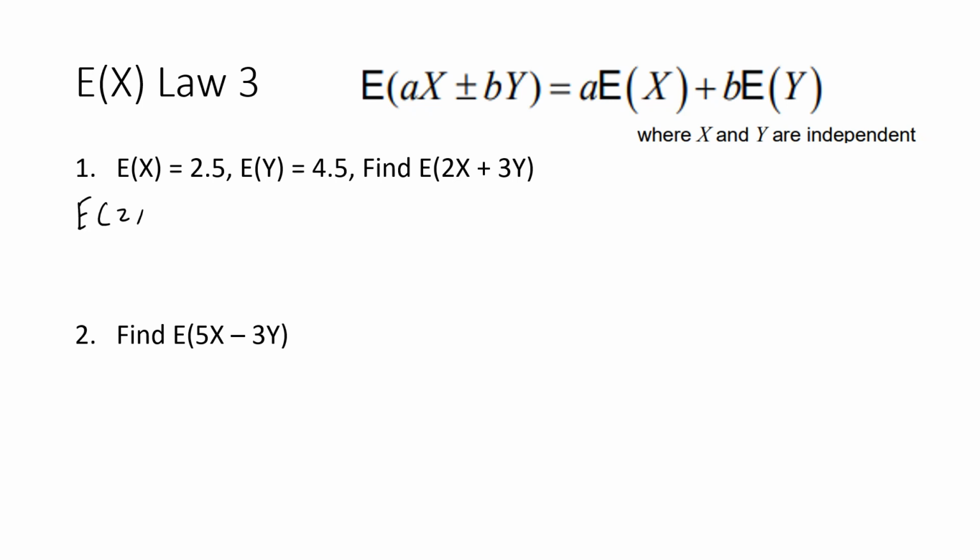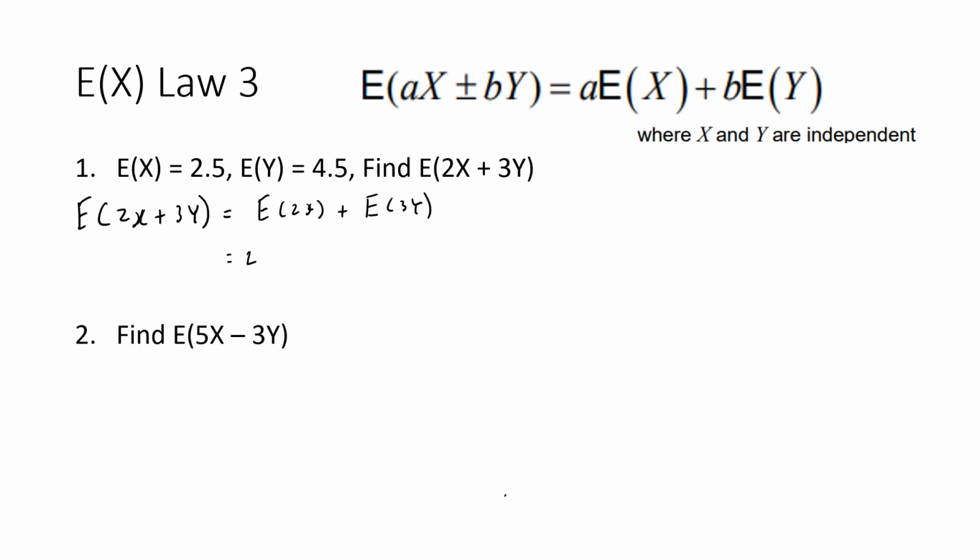Let me write that down here as well: E of 2X plus 3Y. And I like to take this in 2 steps. So first, let's take them out into the same bracket. So E of 2X plus E of 3Y. And then we'll take out the 2 and the 3.